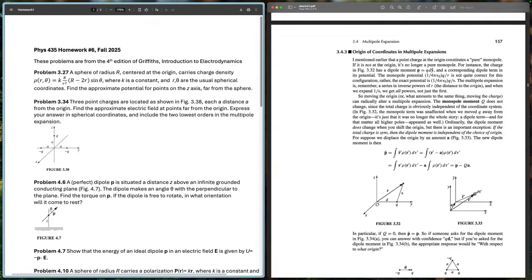Okay, it has a dipole moment. And this is just a displacement vector. The monopole potential is not quite correct for this configuration. The exact potential is just charge over distance, but here it's this distance r instead of the normal r.